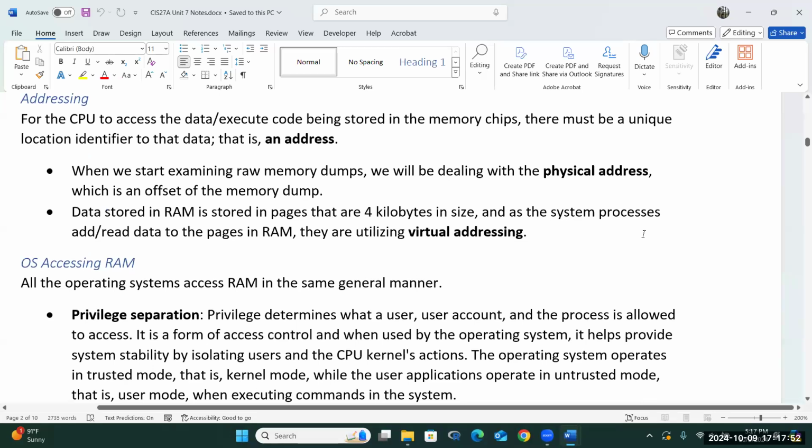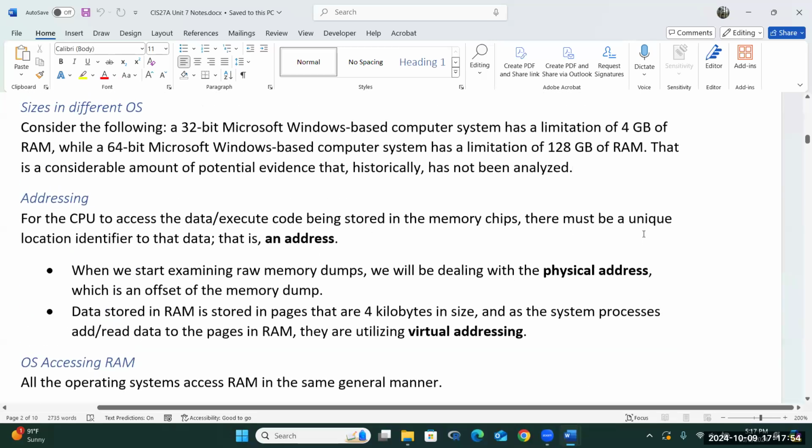So one of the things that we need to talk about is that it uses an address similar to what you've seen on a hard drive. All your memory storage, no matter whether it's a drive or a memory module, uses a form of address. This is how the system can locate what is stored at what location. So think of it like a physical location on the chip that can be identified by the system.